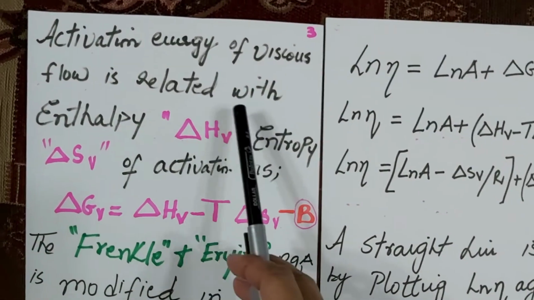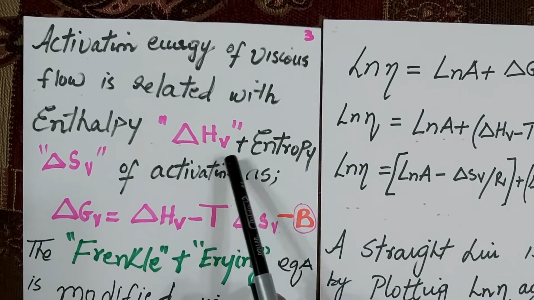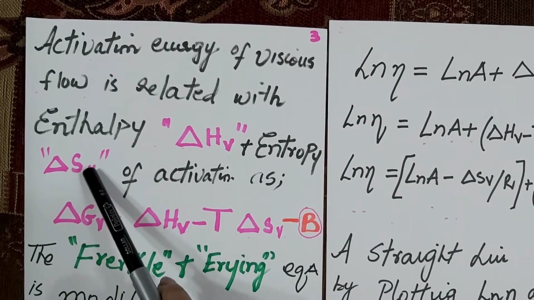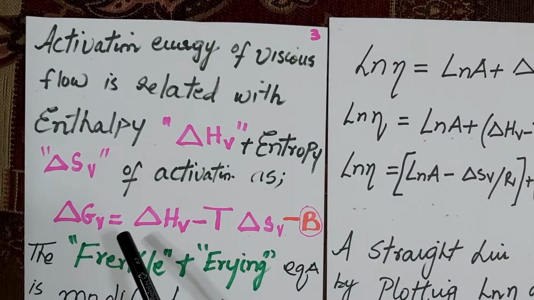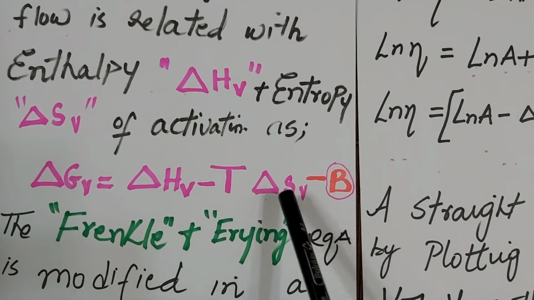Activation energy of viscous flow is related with enthalpy, delta HV, and entropy, delta SV, of activation, as delta GV equals delta HV minus T delta SV.